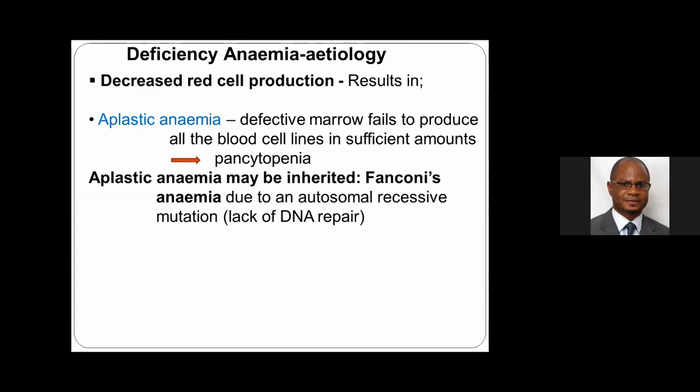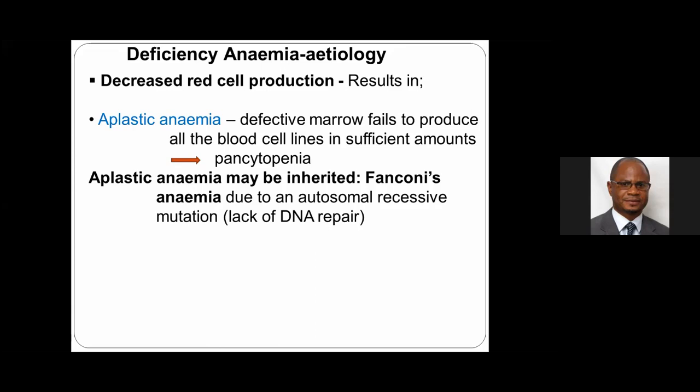So we can look at a deficiency in terms of decreased red cell production. What will cause red cell production to be decreased? And this decrease results in aplastic anemia. So when the bone marrow is defective, it fails to produce all the blood cell lines in sufficient amount.